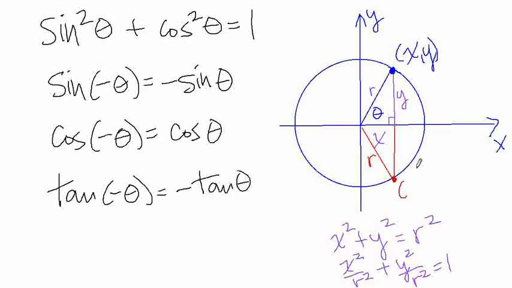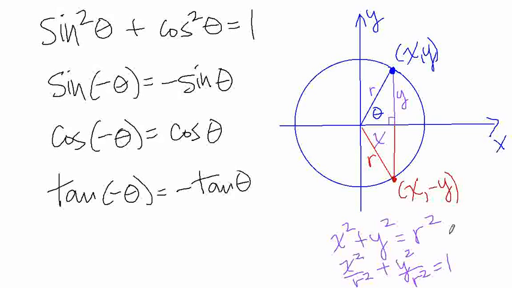So in terms of the coordinates of the old point, the lengths of the triangle legs are the same, the x coordinate is going to be the same, but the y coordinates are going to differ by a factor of -1. So x comma minus y.